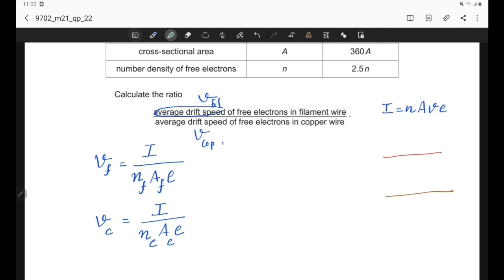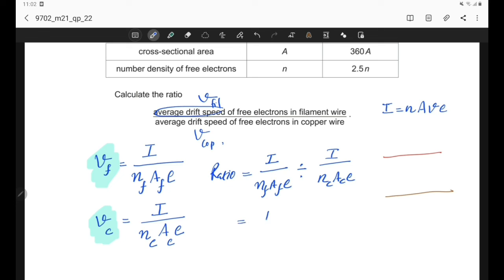Now we need to divide VF, drift speed of filament, over drift speed of copper. So this ratio will be I over NFAFE divided by I over NCACE. So we can cross multiply.